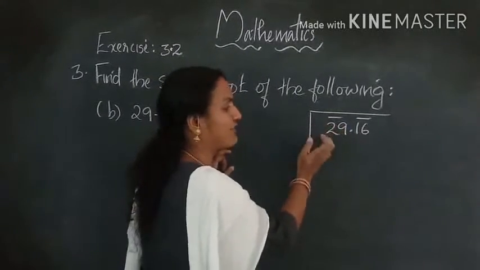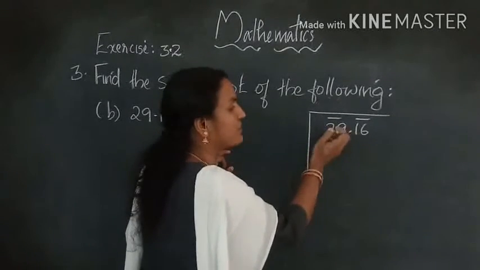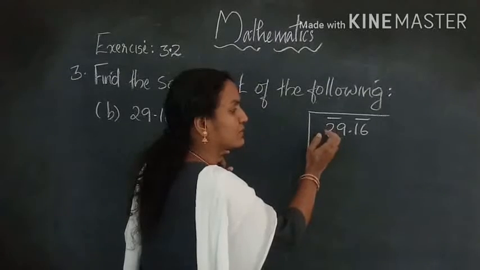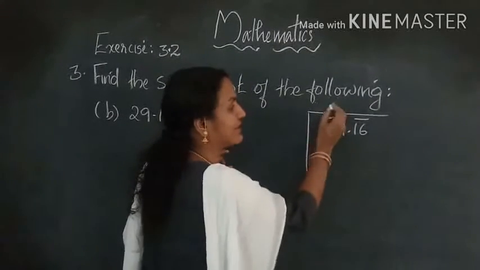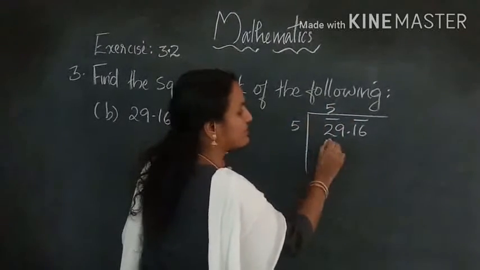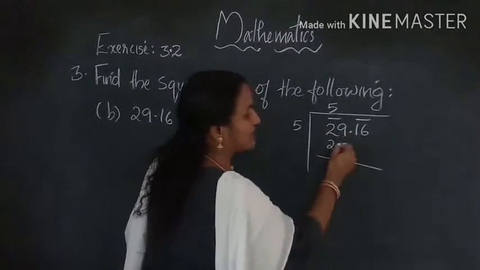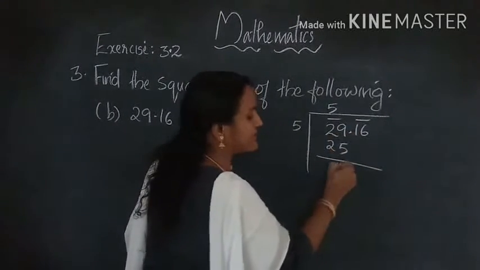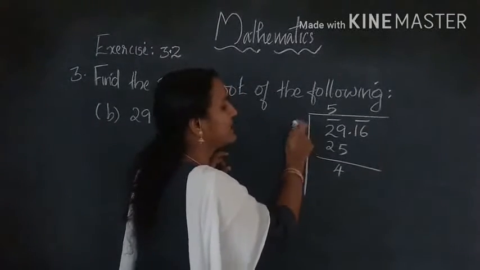You know, 5 5s are 25 and 6 6s are 36. 36 is greater than 29, so we consider 25. Subtract 25 from 29, balance 4.